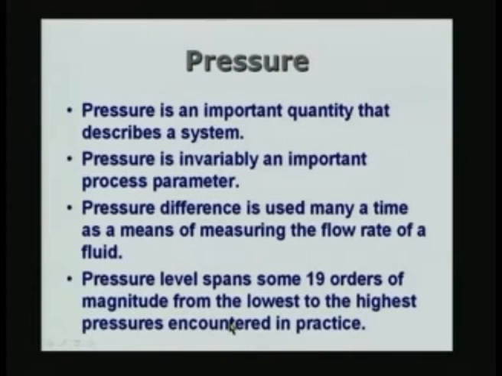Very high vacuum, ultra high vacuum refer to very small pressures, and we also meet with very high pressures in many industrial applications, manufacturing applications and so on, and in geophysical applications within the mantle of the earth, the pressures are very severely high, and therefore, very high pressures are also met with in practice. So, the pressure level spans some 19 orders of magnitude, as will become clear from the table which I am going to show in the next slide.